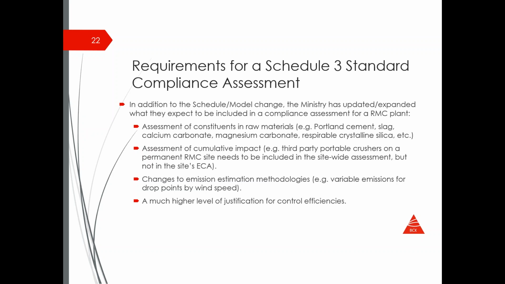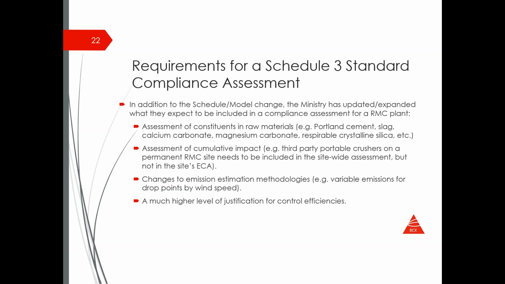And here are some of the examples. 10 years ago, maybe to submit an ECA application, we only had to look at particulate matter and combustion gases for ready-mix plants, but now we are required to assess the constituents in the raw materials, things like Portland cement, slag, calcium carbonate, and so on and so forth, as well as the consideration of accumulated impact.